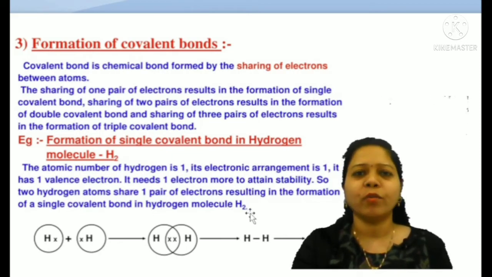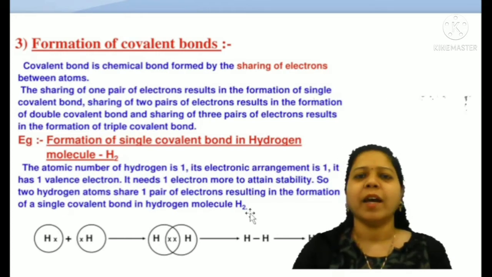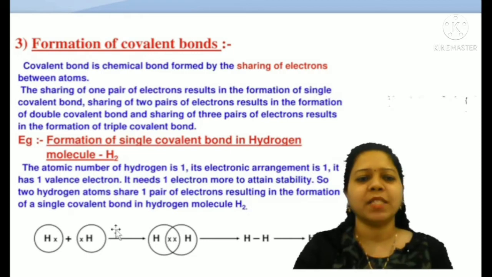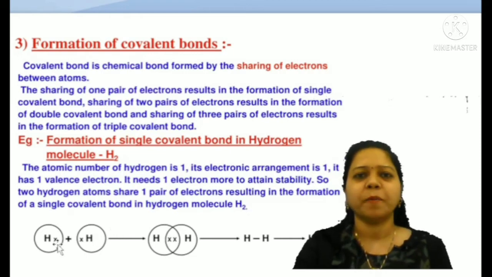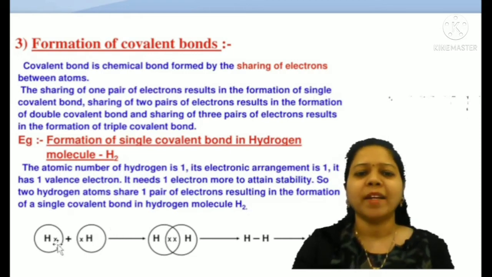Now we know that the atomic number of hydrogen is 1, and that's why only 1 electron is present in it, which is present here in the first orbit. But to attain its stability, it requires 1 more electron to complete its duplet. That's why 2 atoms of hydrogen decided to share their electrons, one from this hydrogen and one from this hydrogen.